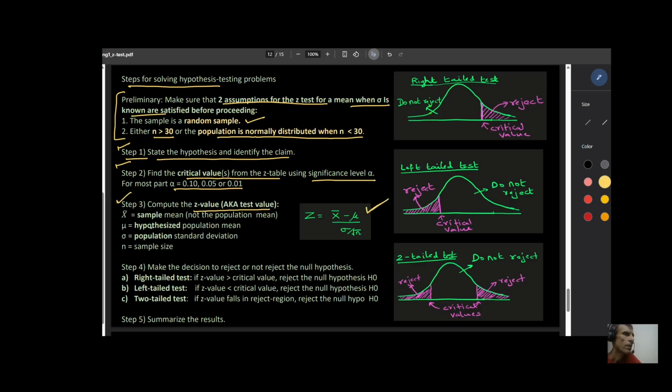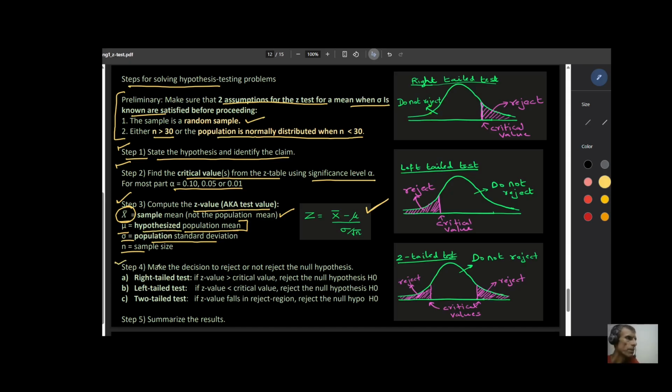Your x bar is going to be the sample mean. Your mu is going to be your population mean, your sigma is going to be your population standard deviation, and n is going to be your sample size. Now, be aware your x bar is the sample mean, and this one right here, mu, is the hypothesized population mean.